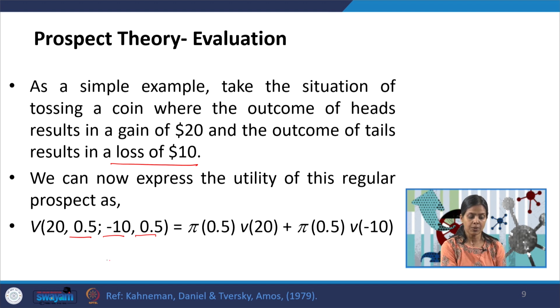This is a regular prospect because x is greater than 0 and y is less than 0, but p and q add up to 1.